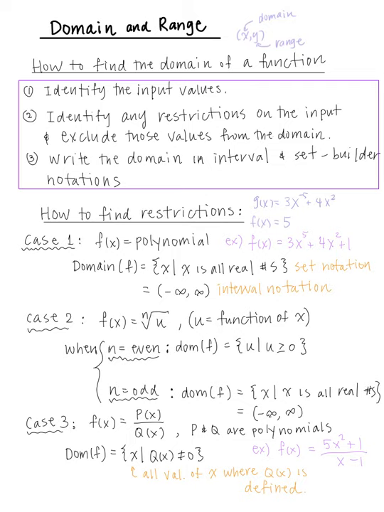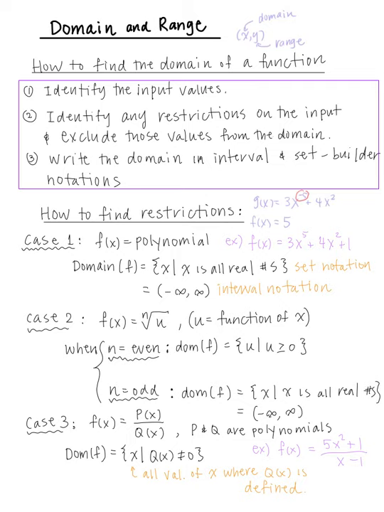So this is no longer a polynomial because the exponent on the variable is negative. Okay, so in order to be a polynomial, all the exponents on the variable have to be 0, 1, 2, 3, 4, and so forth.